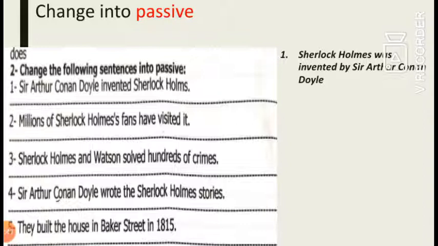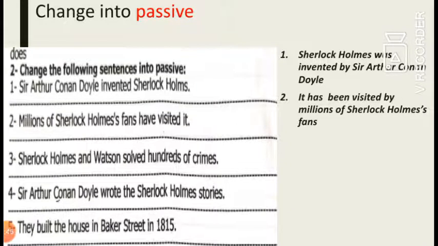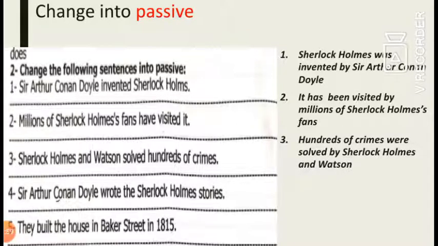Number 2, millions of Sherlock Holmes fans have visited it. It has been visited by millions of Sherlock Holmes fans. Number 3, Sherlock Holmes and Watson solved hundreds of crimes. Hundreds of crimes were solved by Sherlock Holmes and Watson.